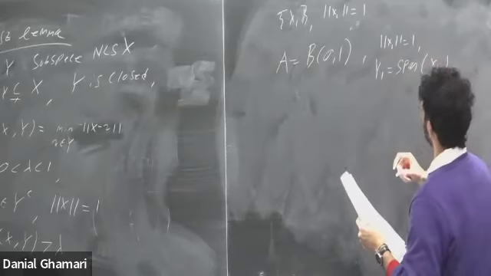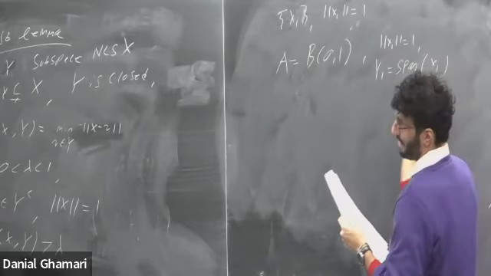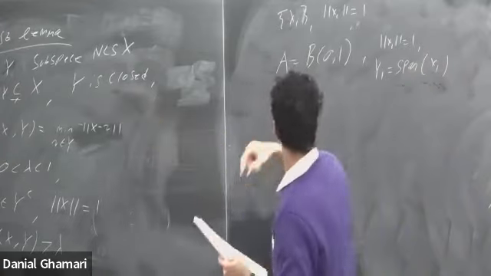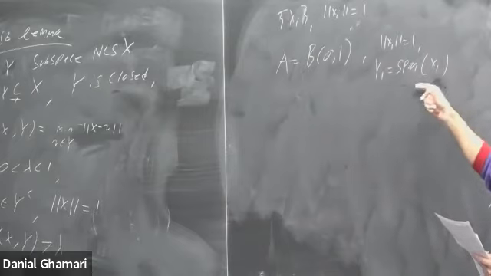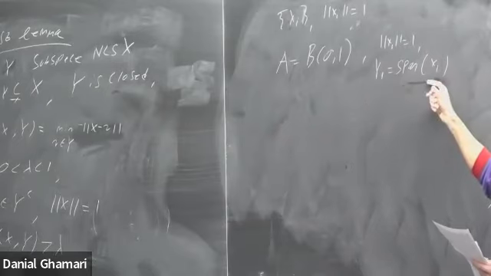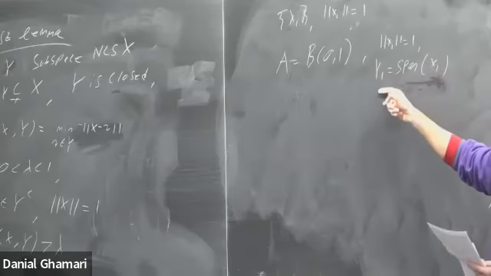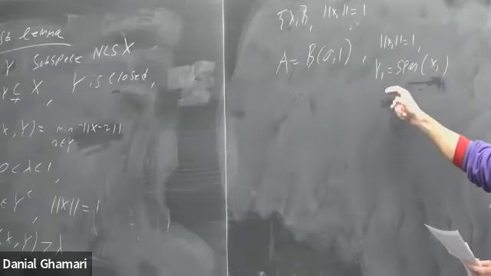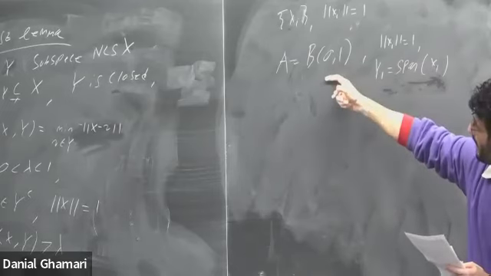Y1 is going to be closed, because anything in the span of x1 is generated by x1. Therefore, any sequence here, if it converges, has to be written as a multiple of x1, so it's within Y1. It's a subset of X because here it's only one element from A.